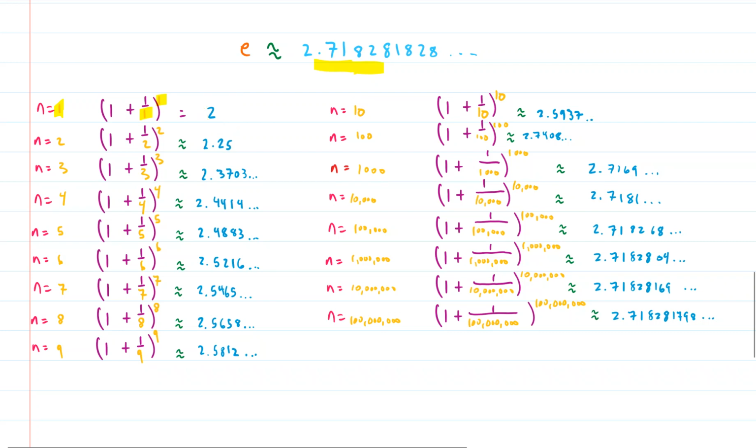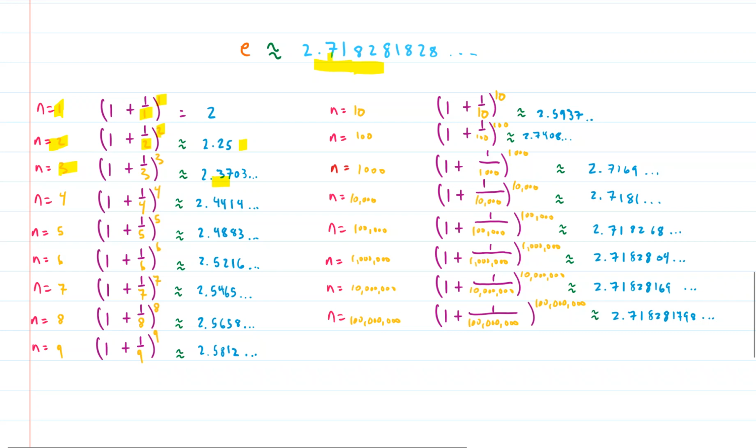So let's keep going. Let's make n get bigger and see how it changes. If n is 2, we have 1 plus 1 over 2, raised to the 2. So 1 plus 1/2 is 3/2, squared is 2.25. That's closer. And when n equals 3, 1 plus 1/3 to the third power, that's 4/3 cubed, which is 2.37.